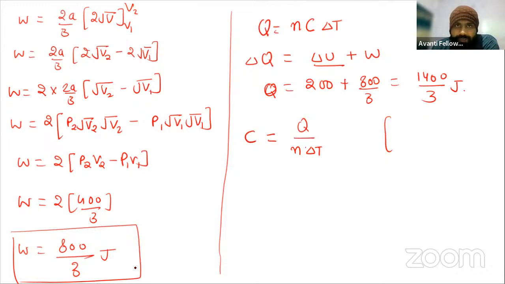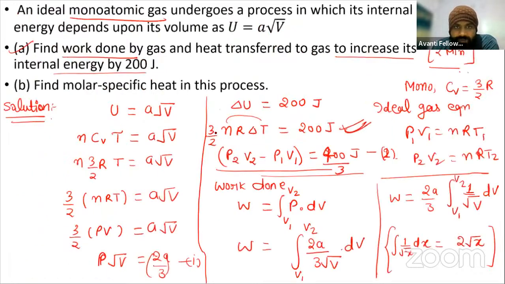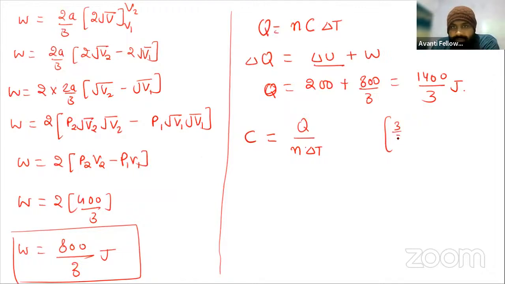It is given to you that 3 by 2 nR delta T is 200. So n delta T we know. n delta T will become 400 by 3 R.